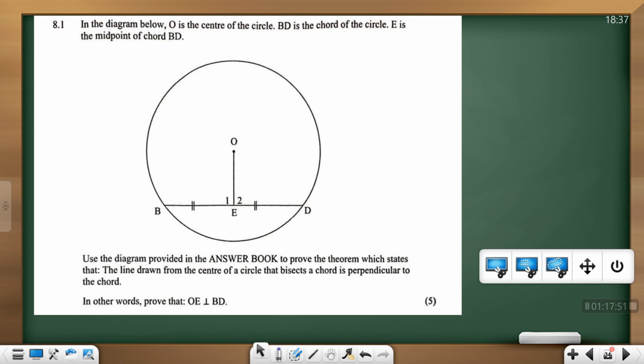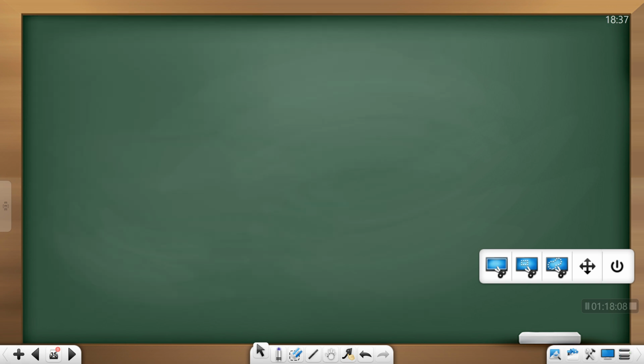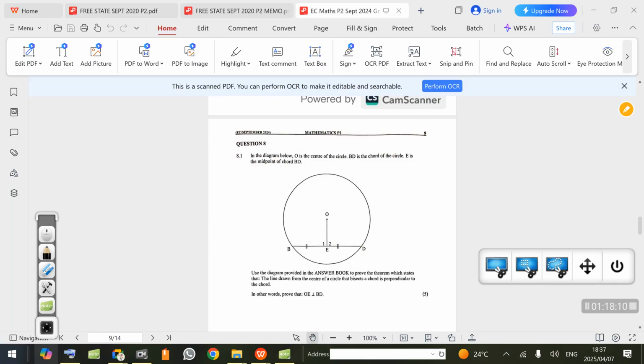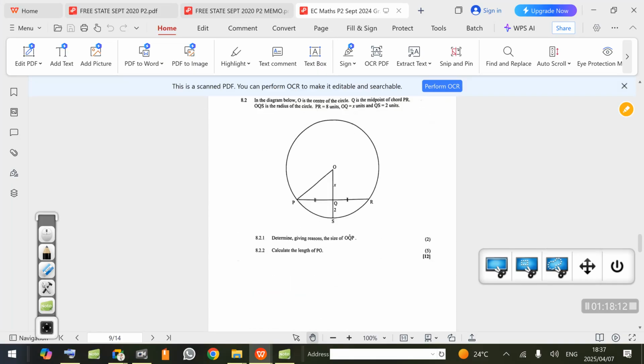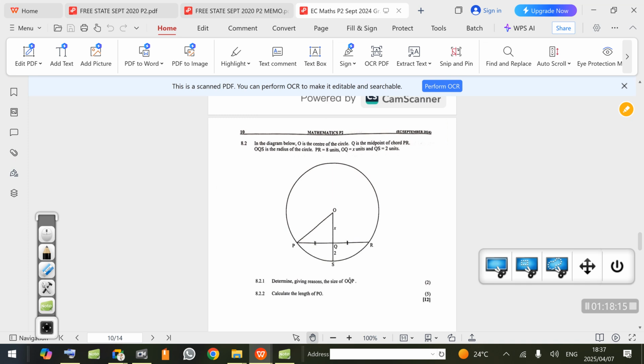This is where you use what? Congruency. Homework for you. Please make sure you learn. Before you sleep today, go back and learn this proof. Don't postpone it. Tomorrow's problem is coming. Don't add today's problem to tomorrow's one. Okay? I did that proof. All right. There we go.